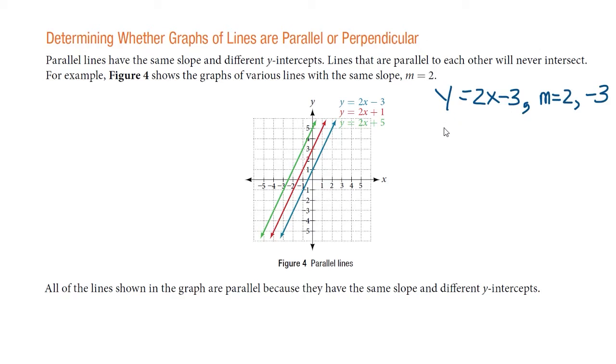In the second case, we have the line y equals 2x plus 1, and the slope here is 2, and the intercept is 1. And in the third case, y is equal to 2x plus 5. The slope here is 2, and the intercept is 5.